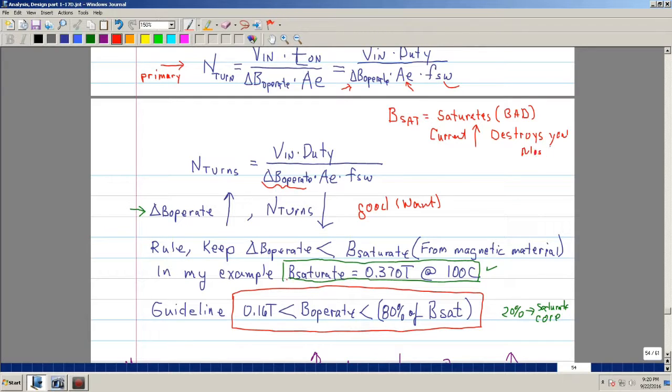It kills it. It zaps it. As a matter of fact, when you saturate the core, if you look at the primary from the previous videos, you know that the primary current is supposed to look something like this. A sawtooth.